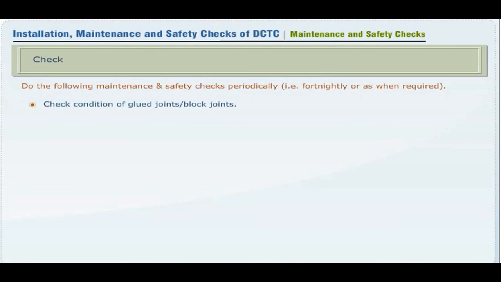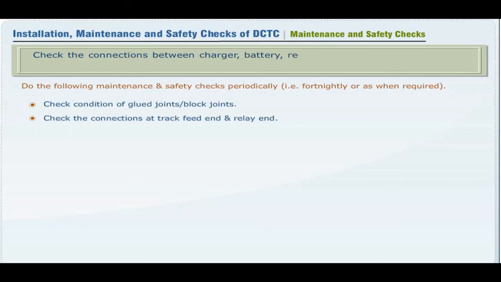Check the connections at track feed end and relay end. Check the connections between charger, battery, regulating resistance, choke, TLJB, rails and track relay.